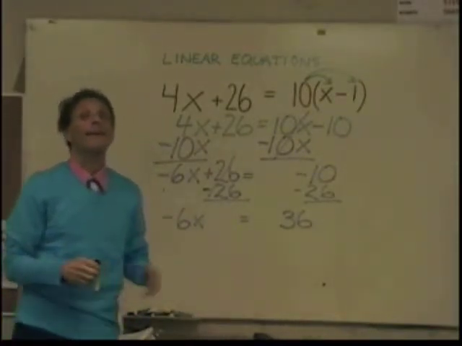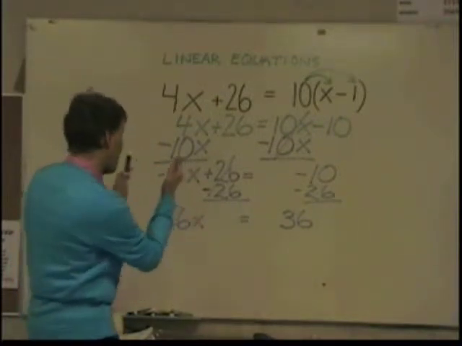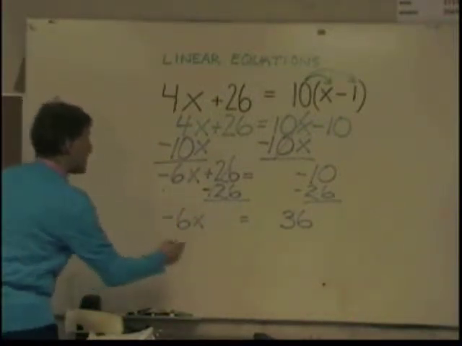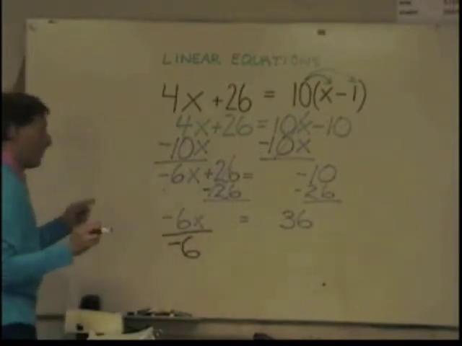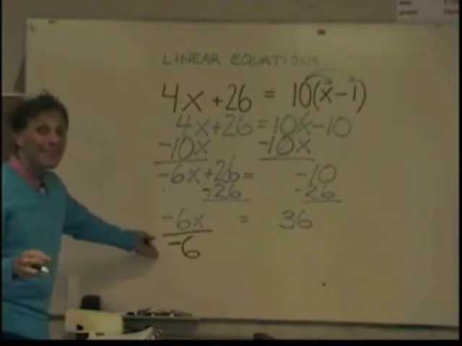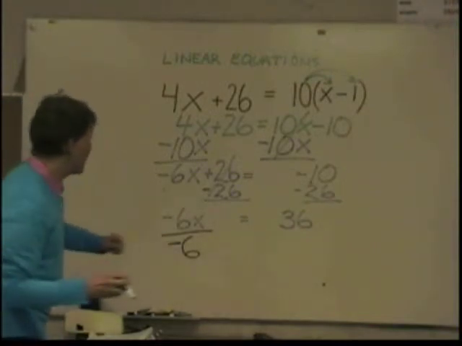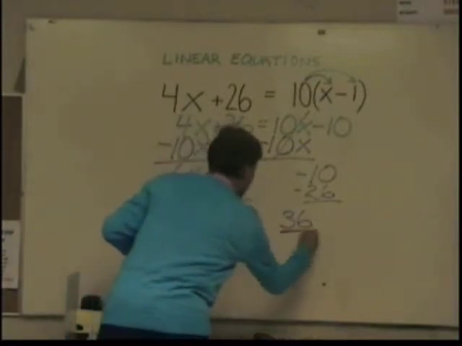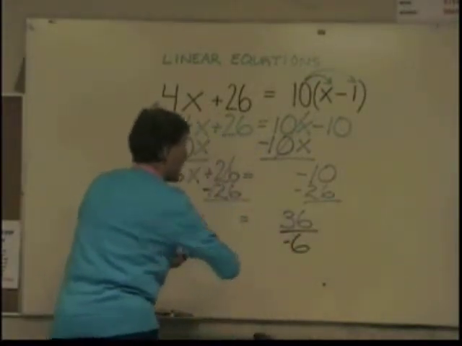I don't want negative 6x. I have to divide both sides by the number next to that x, sign and all. Remember, you divide the number, and if it's a negative, the sign and all divides. So negative 6 and negative 6, and let me put that negative down.